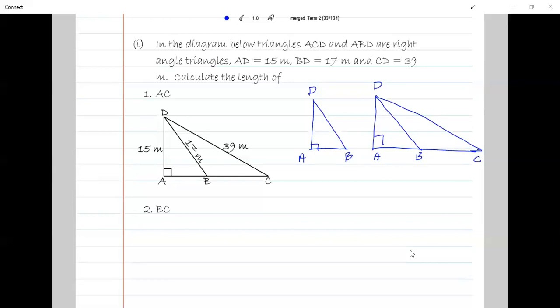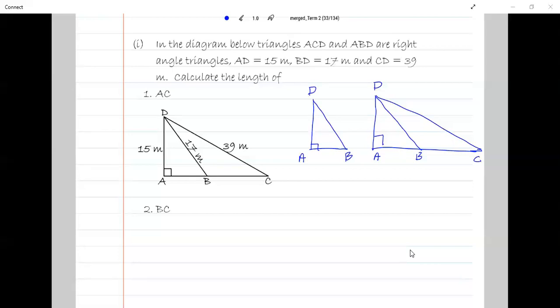So we're told that AD is 15 meters, BD is 17 meters, and CD is 39 meters. We're to calculate the length of AC.